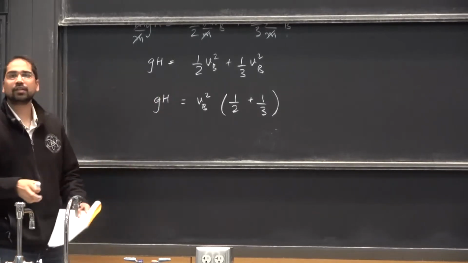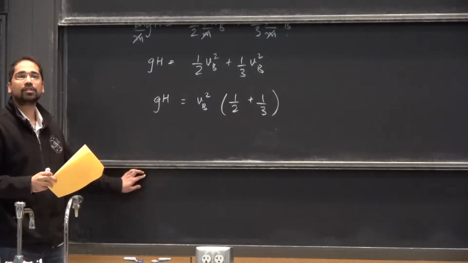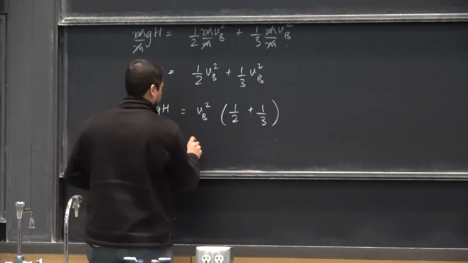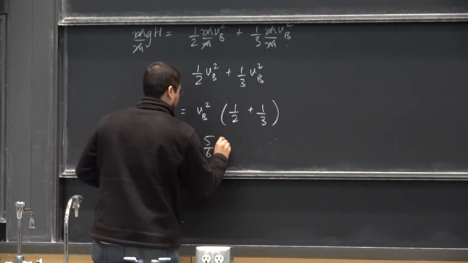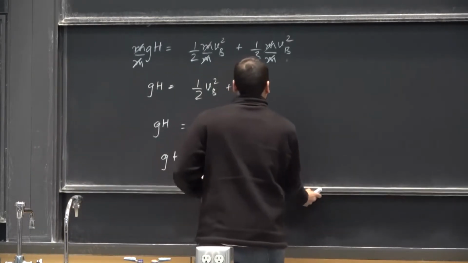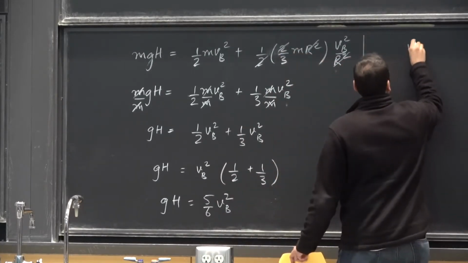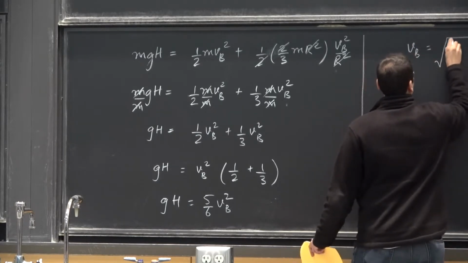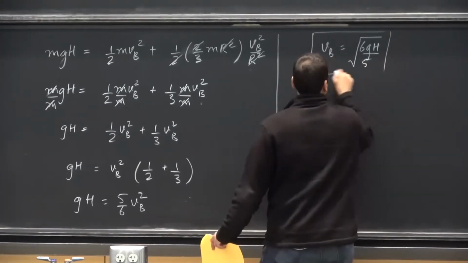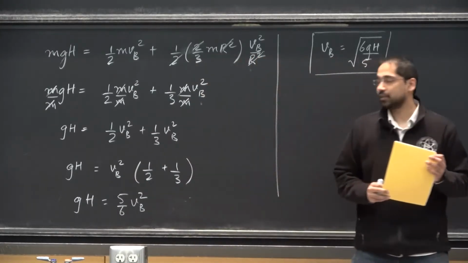What is 1/2 plus 1/3? Can someone do this quickly? Huh? 5/6. So all in all, I'm able to calculate VB is the square root of 6gh over 5. So I just divide both sides by 5, multiply both sides by 6, and take a square root.